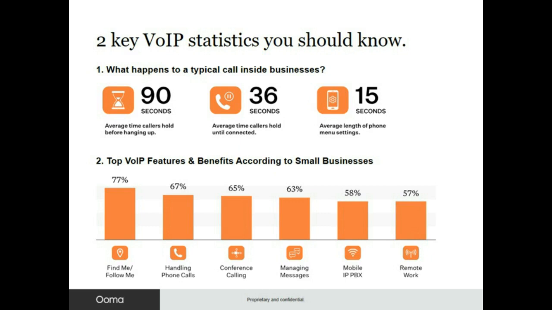Some of the other things that make a VoIP system quite useful and handy for a small business are the ability to handle phone calls, meaning you can set up routing, you can set up ring groups, you can set up the ability for an inbound call to sequence and route through correctly the way you want that call to be handled without the caller themselves having to listen to a sequence of menus, push a bunch of buttons, etc. Some of the other things that are really useful for small businesses are conference calling, SMS-based messages, mobile capabilities, and particularly in these days, I think that right now that 57% for remote work might actually be significantly higher.